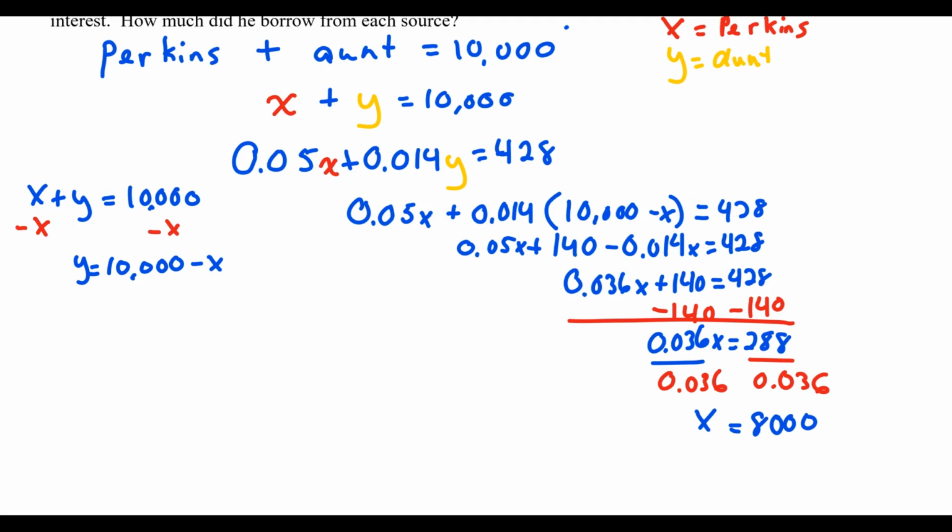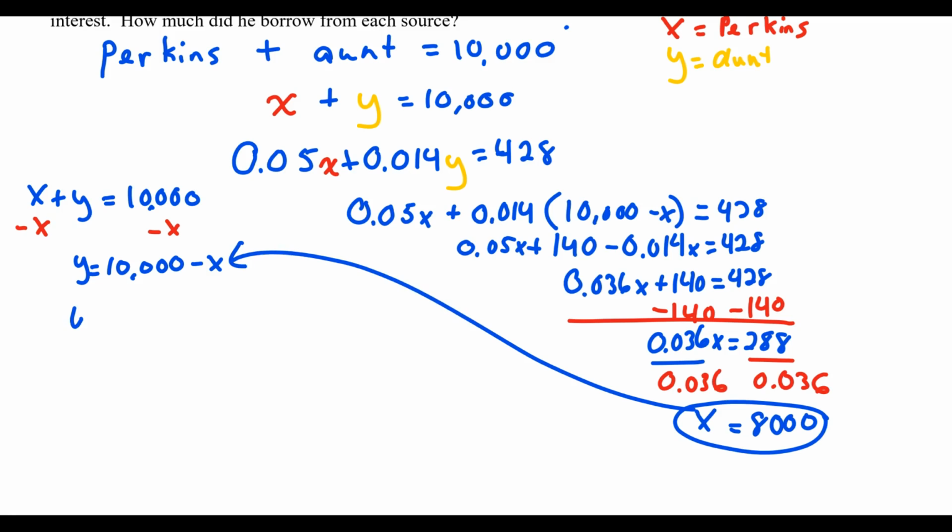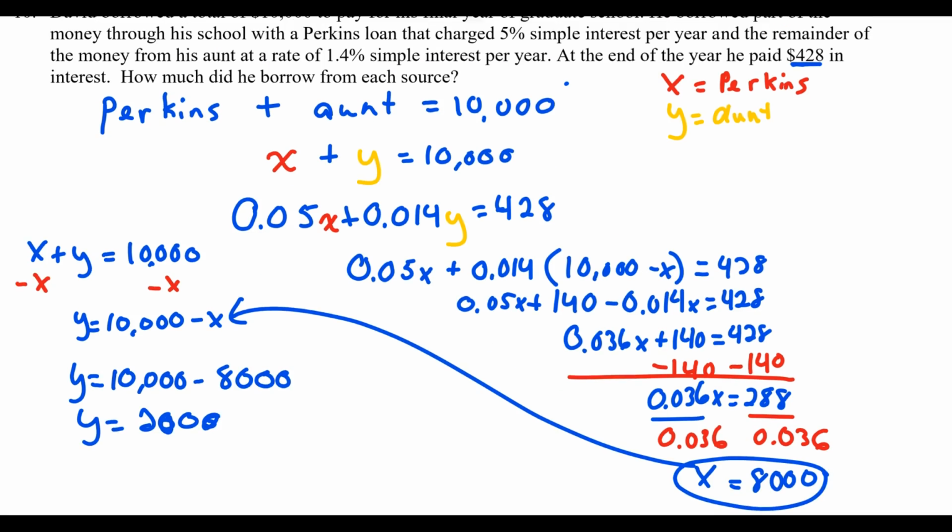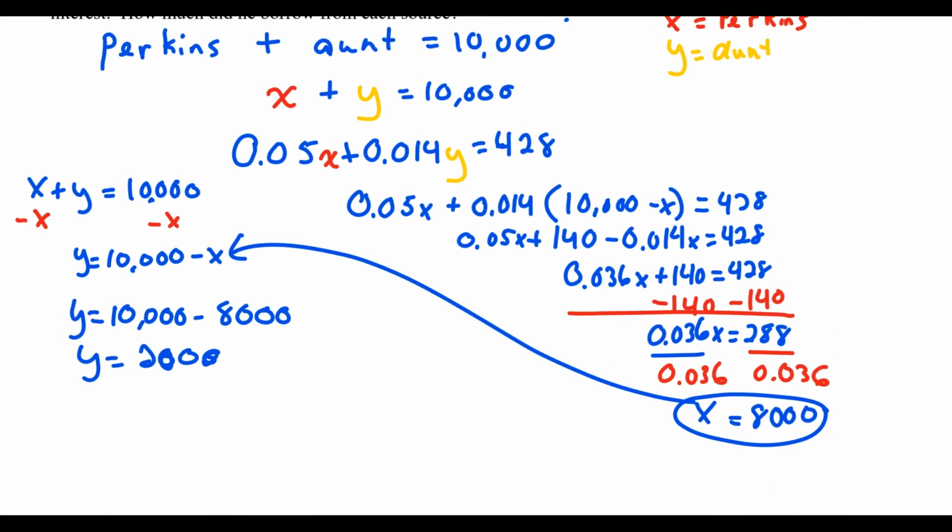I need to plug this back in over here, okay? So I'm going to take this and plug it in back over here. So I have y is equal to 10,000 minus 8,000. So y is equal to 2,000. Now we're not finished because we just have x and y. We have to put it back in for what our values actually meant. So notice that x was how much he borrowed from Perkins and y was how much he borrowed from his aunt.